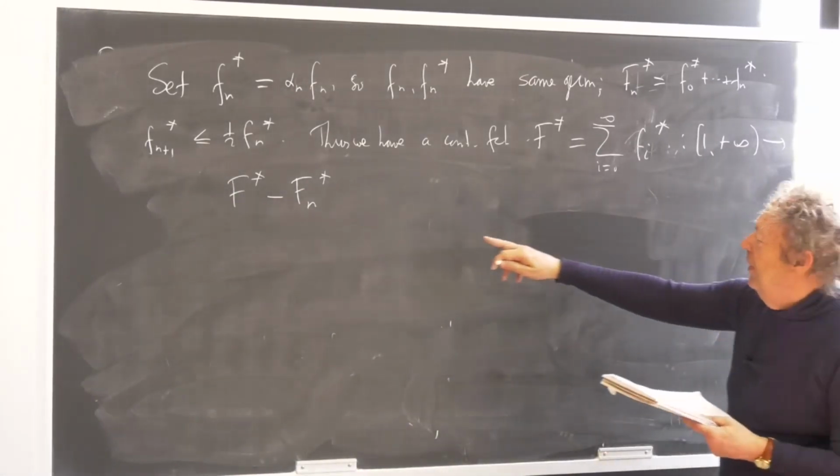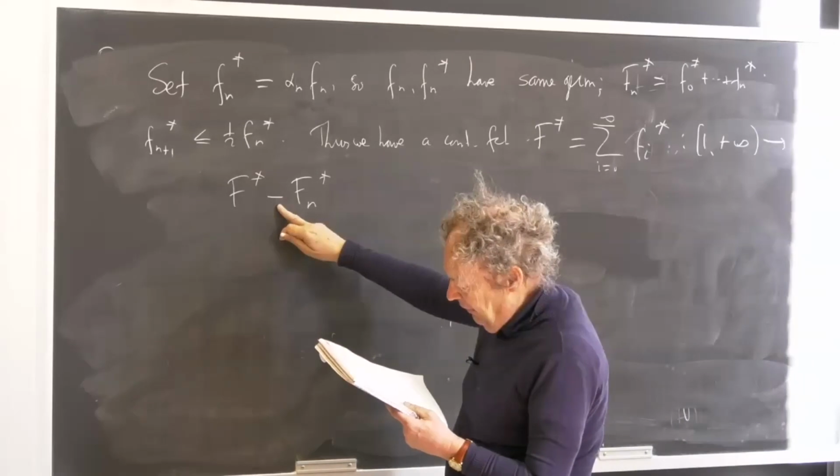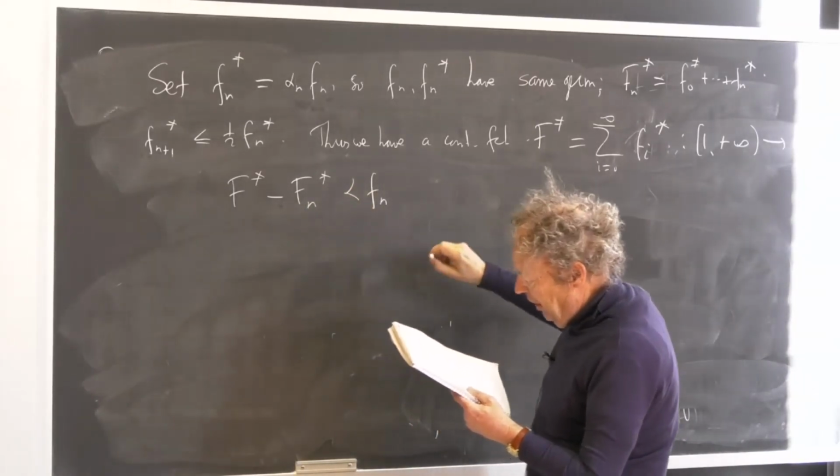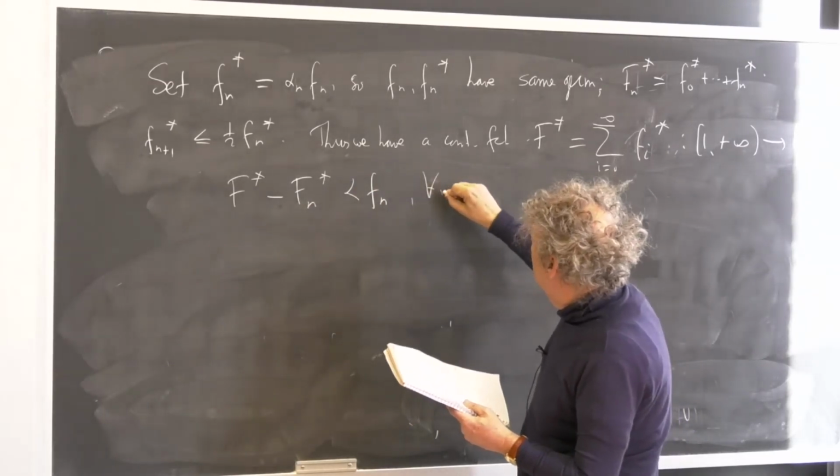Then f star minus fn star will satisfy this for all n.